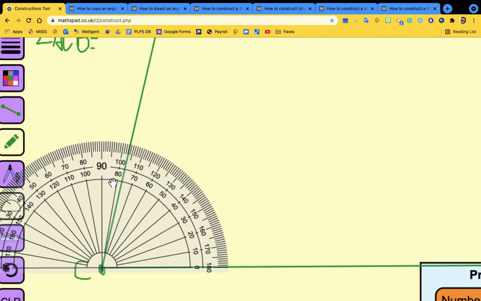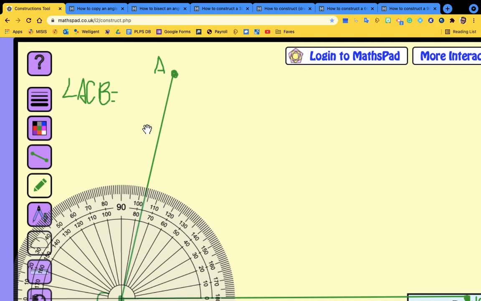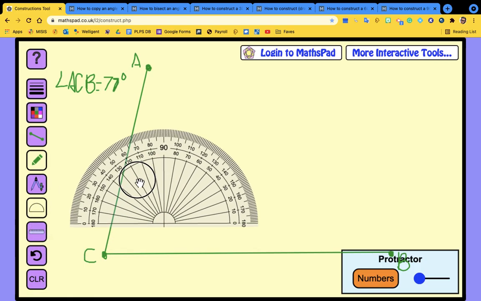The bottom lines up. Where does this line go to? Well, this is 80 right here. So if I go backwards, 79, 78, 77 degrees. Okay. So this is 77 degrees. Just like that. Look at that.